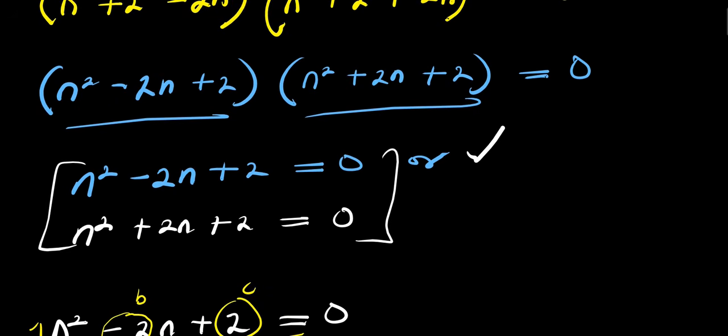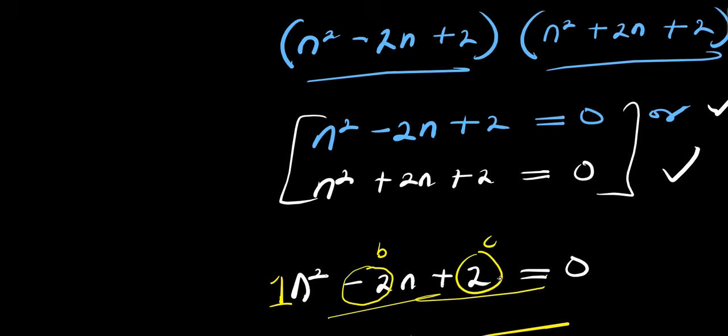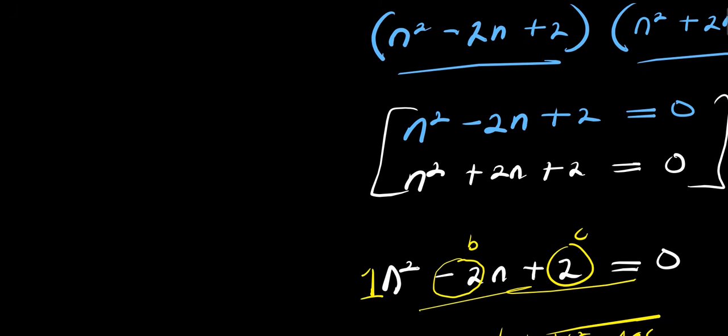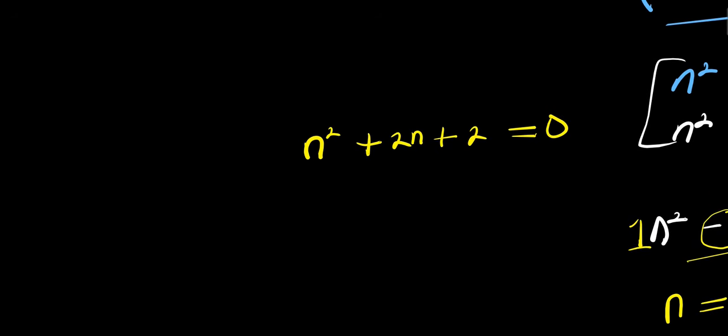Now, we need to also solve this to find the other values of n. Immediately, we are still going to have complex solutions. So let's write it out here. We have n squared plus 2n plus 2 equals 0. So we are going to solve for n using the same quadratic formula.